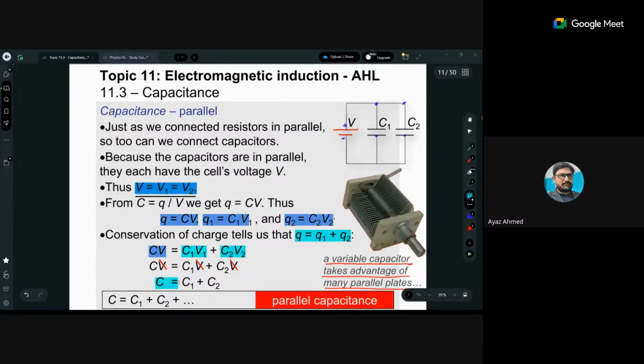You will get C equal to C1 plus C2. So in a parallel combination, capacitances are simply added. Charges are added and capacitances are added, but voltages are unchanged.